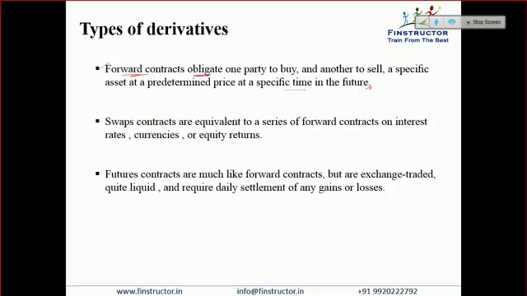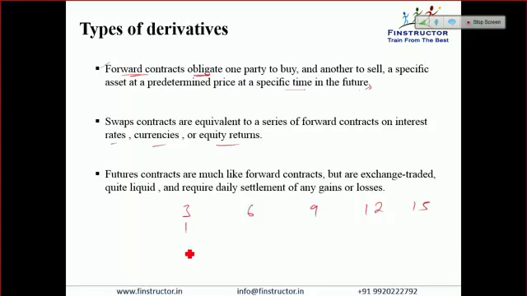Swaps are equivalent to a series of forward contracts on interest rates, currencies, or equity returns. So it's just like a forward agreement for 2 years. Every 3 months a payment will be exchanged depending on what the value of the asset is, depending on what the interest rate is, what the currency rate is, or what the equity return has been.